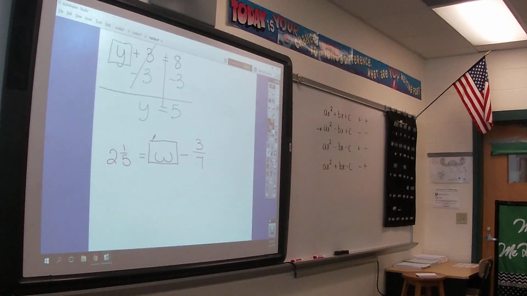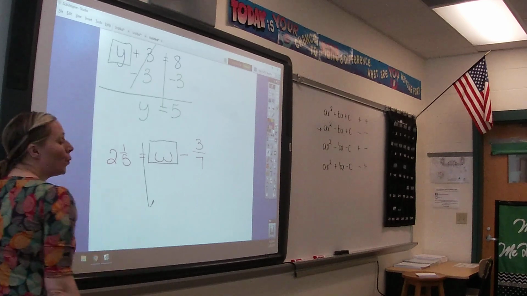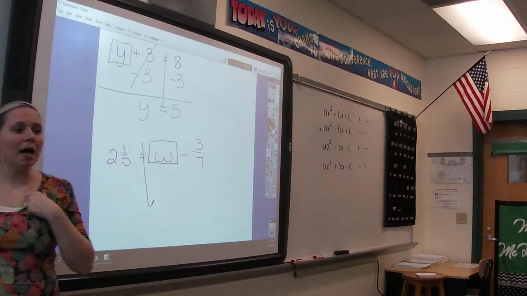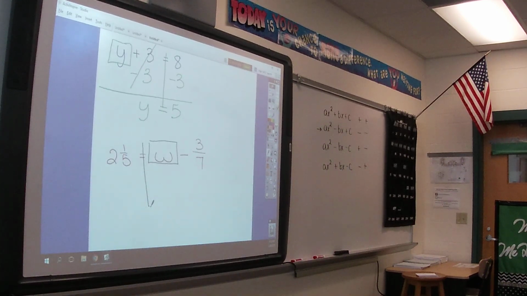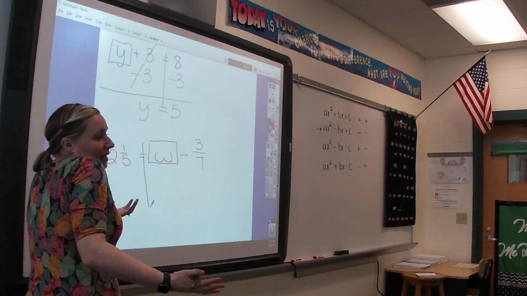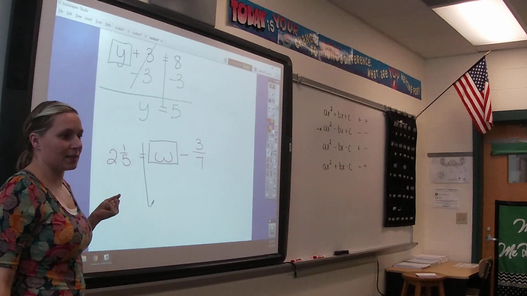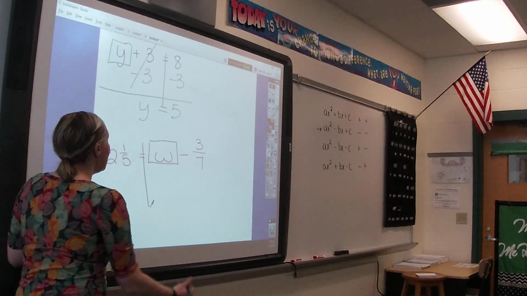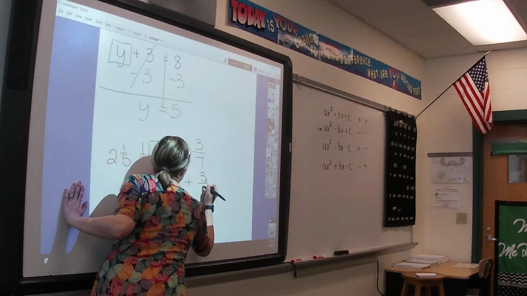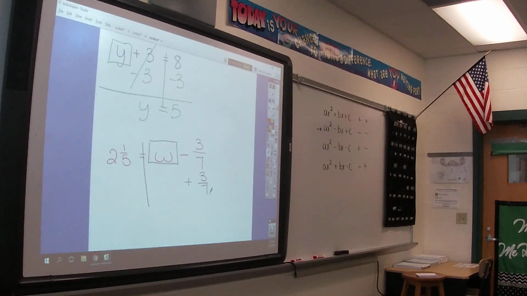We want to solve this for W. What number is over here with W? 3/7. How do we undo subtracting 3/7? We're going to add it. Don't worry that we don't like fractions.